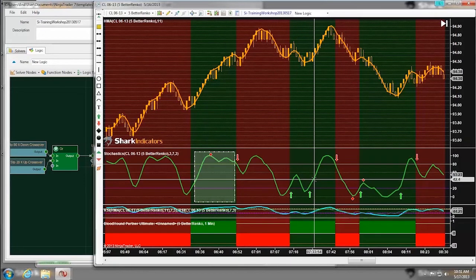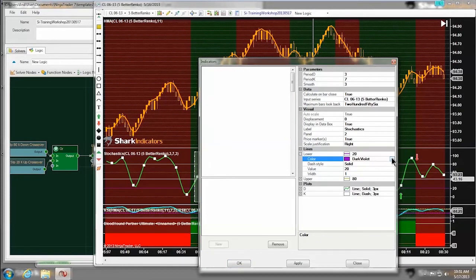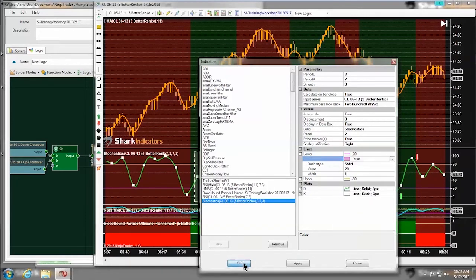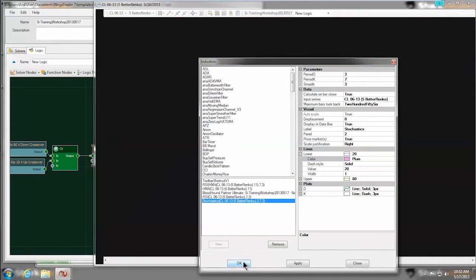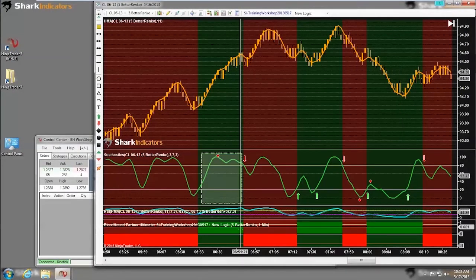And that purple line looks like it's kind of fading away. Let me try and make that a little brighter. There we go.